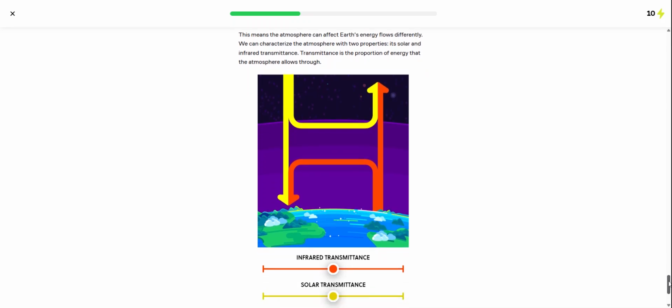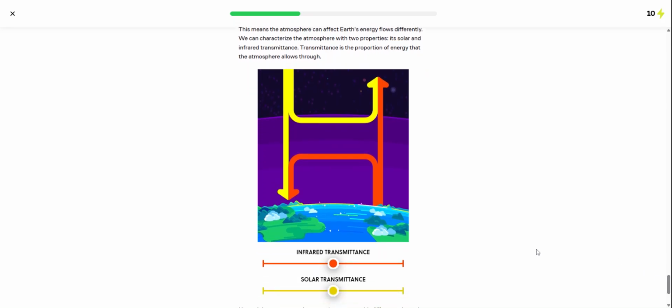This means the atmosphere can affect Earth's energy flows differently. We can characterize the atmosphere with two properties, its solar and infrared transmittance. Transmittance is the proportion of energy that the atmosphere allows through. If we reduce infrared, the amount emitted back to space is less, but more will be trapped back into the Earth's surface.